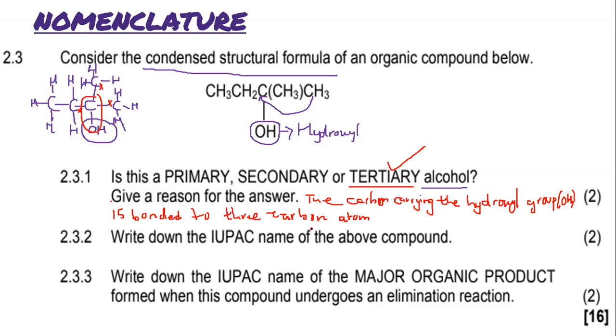therefore it's tertiary. If it was secondary, then it means the carbon carrying the hydroxyl group is bonded to 2 carbon atoms. And if this one was bonded to 1 carbon, then you would say it is a primary alcohol. Then the reason would be the carbon carrying the hydroxyl group, that is a key word, is bonded to 3 other carbon atoms.